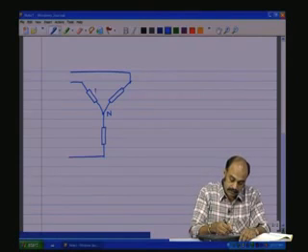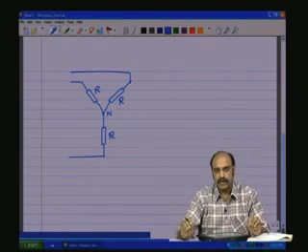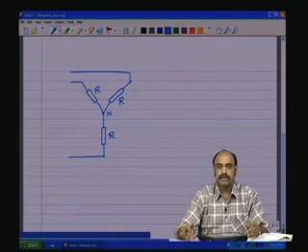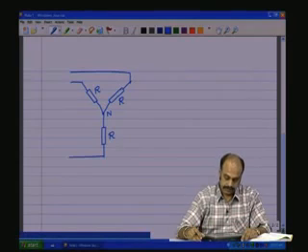Now, these loads we are showing right now as resistive loads, but they can also be reactive impedance loads, which are a combination of resistance and reactances.